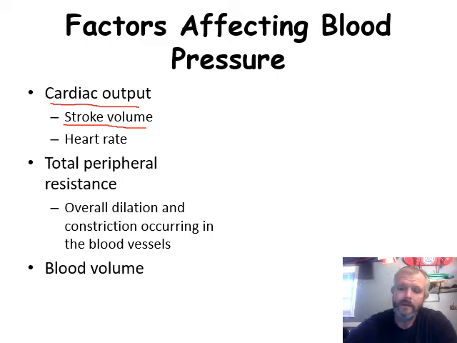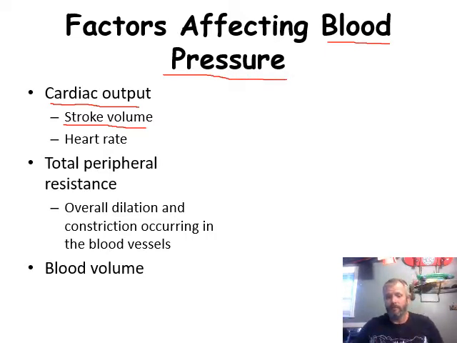One of the main functions of pushing the blood out is to create enough pressure. It's one of the factors in creating blood pressure, the pressure that is exerted on the walls of the arteries. This is basically the driving force for pushing the blood out to all the tissues throughout the body.